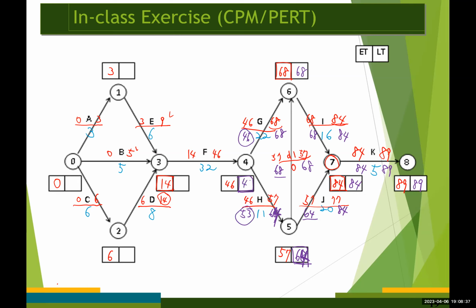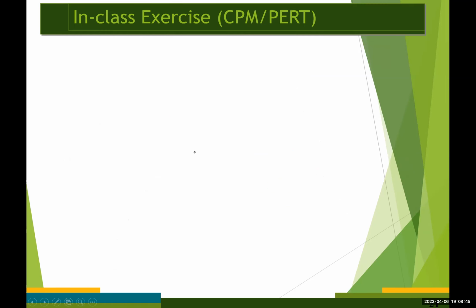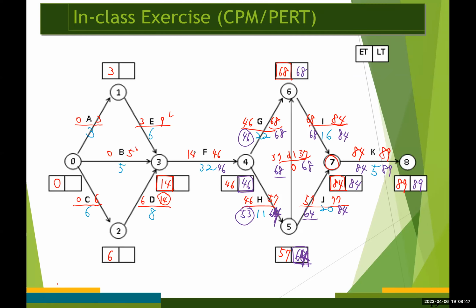So it's going to be 46. 46 minus 32, 14, right? So we have 14, and then we have 14, 14, 14, right? 14 minus 8, 6, 14 minus 5, 9, 14 minus 6, 8, right?